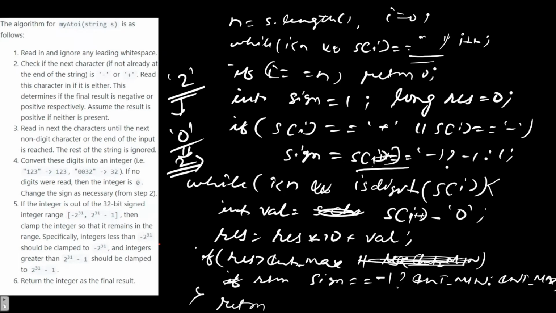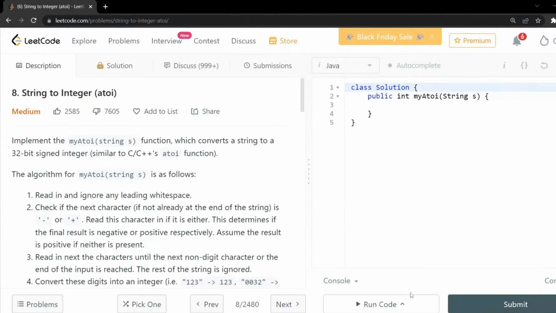We can also increase I at the end by doing I plus plus, and then we don't have to do it here. We can do either of these two, whatever you like. We will be returning result into sign. If the sign is negative, we return the negative value, otherwise the positive value. So let's go to the compiler and write the code for the same.